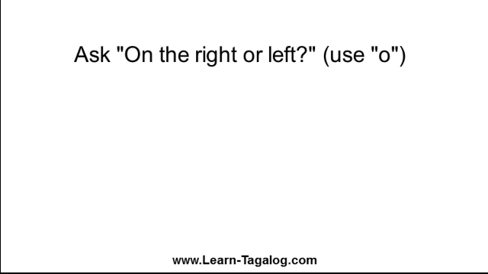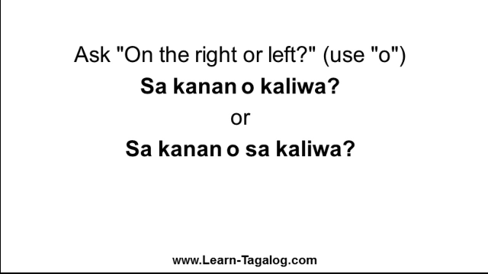You can use o for or. Sa kanan o kaliwa. You could also say sa kanan o sa kaliwa. Okay? On the left or on the right. Or on the right or on the left. So you want to practice that. Sa kanan o sa kaliwa.